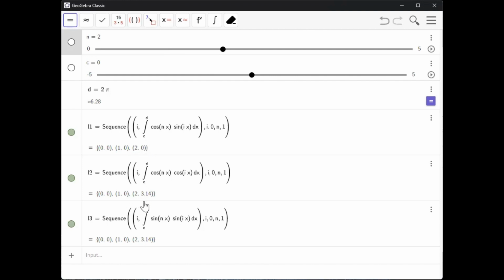When cosine and cosine are together, it's a non-zero term for the case when i and j are the same and 0 otherwise. And so if I go through each of these four, that takes care of every possibility, with the only non-zero integrals coming from when i and j, or i and n in this case, are equal to each other. So that shows that this is an orthogonal basis with respect to the 11 elements and this norm.